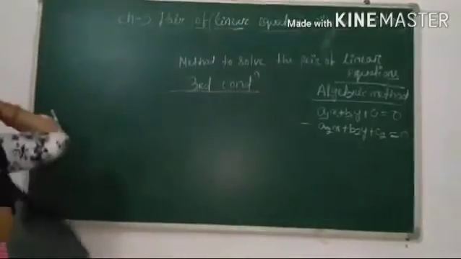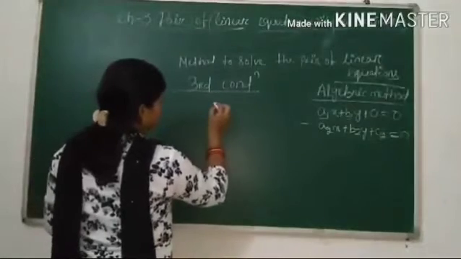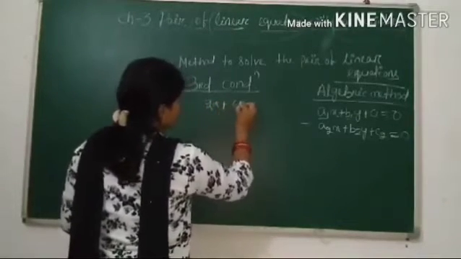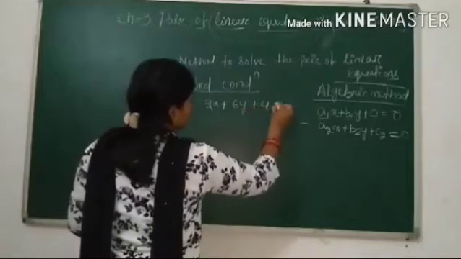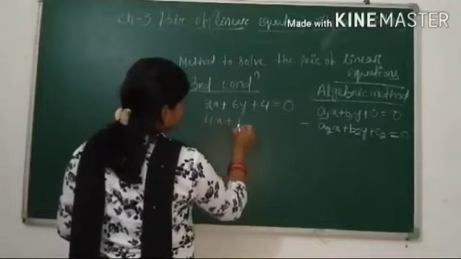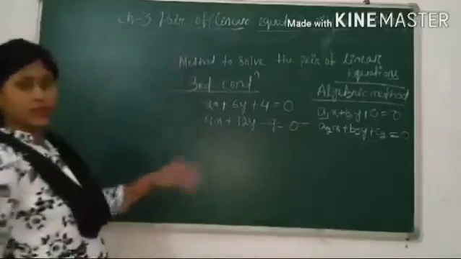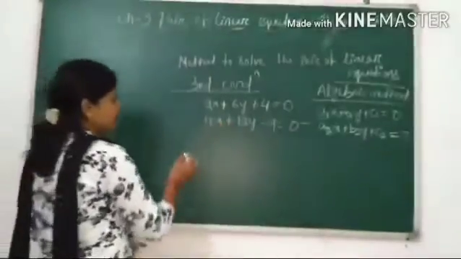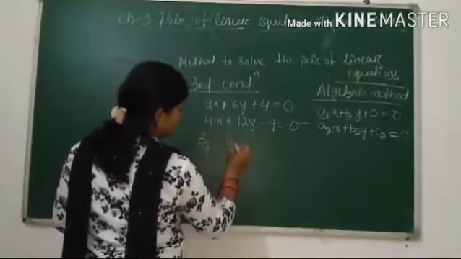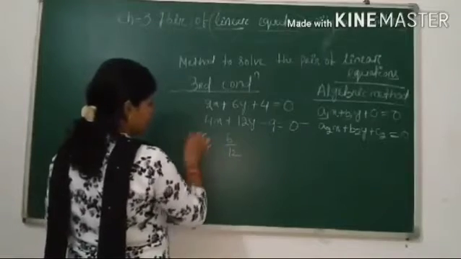Again you have to see how to compare the coefficients. These are two equations. Let's compare this. 2 by 4. Here 6 by 12. If I cut, I will get 1 by 2.